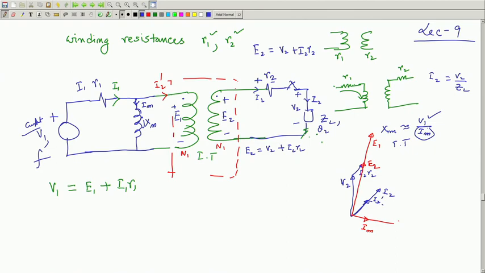So, current drawn from the source will be this plus this, this is your I 1, and if this is I 1, use this one, E 1 plus I 1 R 1, whatever it is, parallel to this I 1 R 1, and you get your V 1. Anyway, I am stopping now, but try to understand. So, this will now truly represent, it is somewhat practical circuit with a finite magnetizing current and winding resistance. In the next class, we will bring other realities into an ideal transformer to get a somewhat better picture of the model. Thank you.